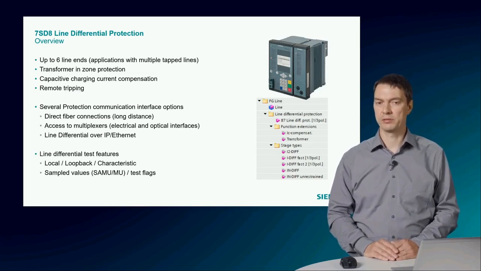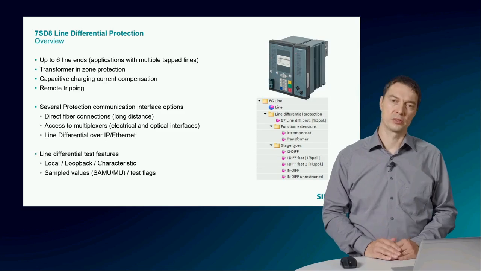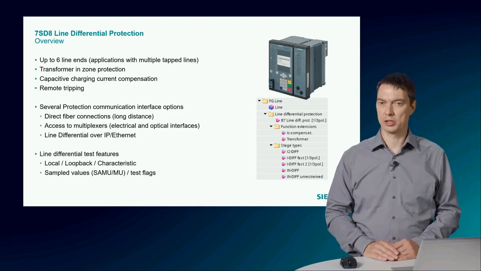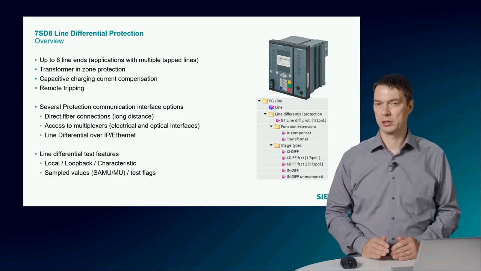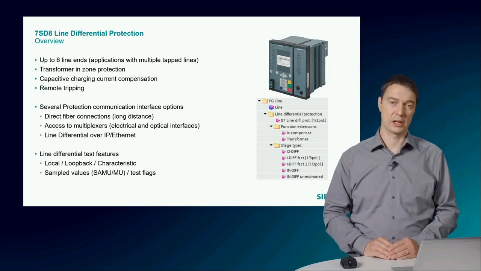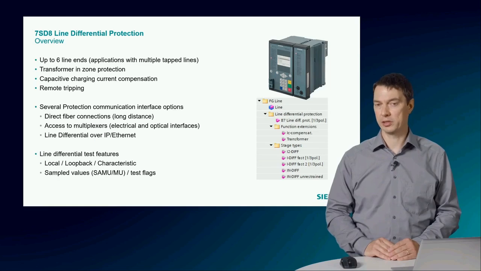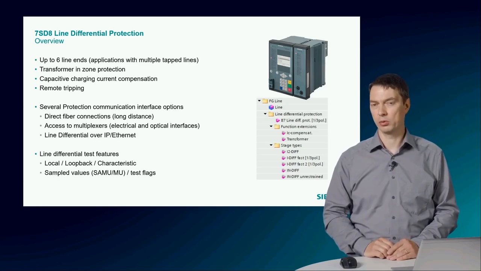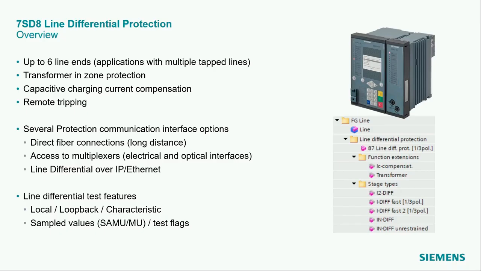There are also interfaces available to connect to existing wide area communication networks via multiplexers using optical interfaces like IEEE C37.94 or electrical interfaces like E1 or T1 using communication converter. Recently, we introduced a direct interface over IP Ethernet networks.